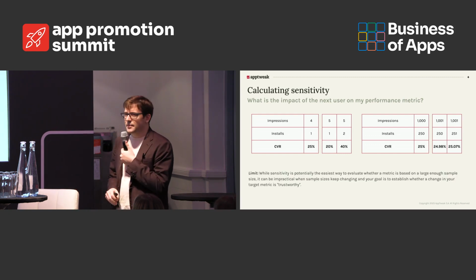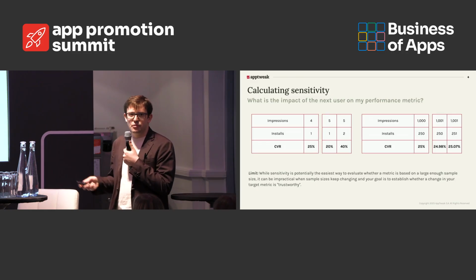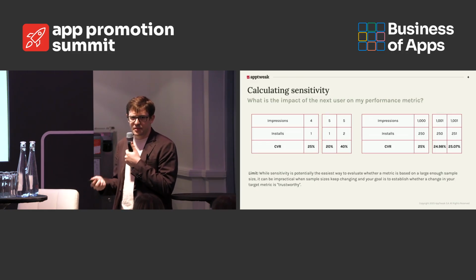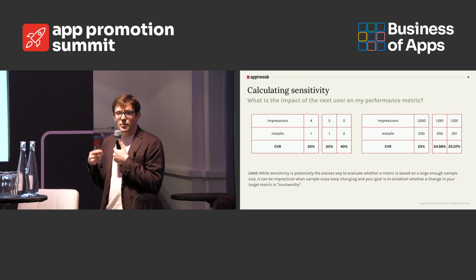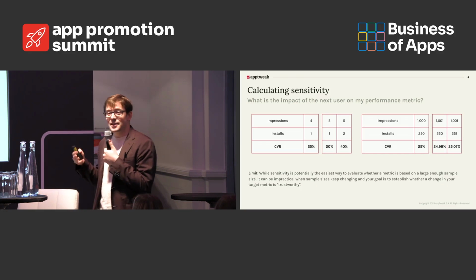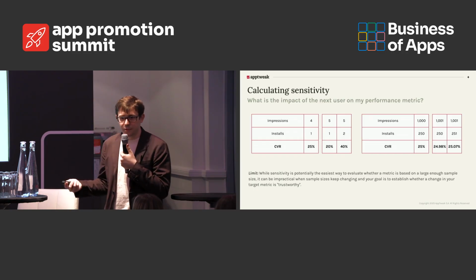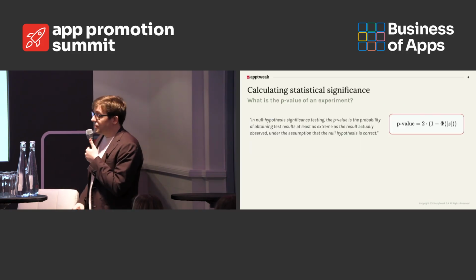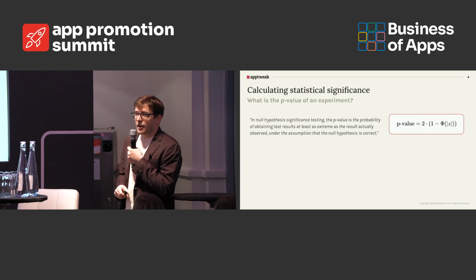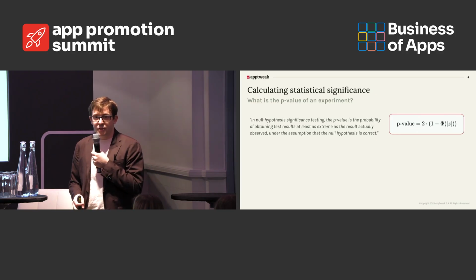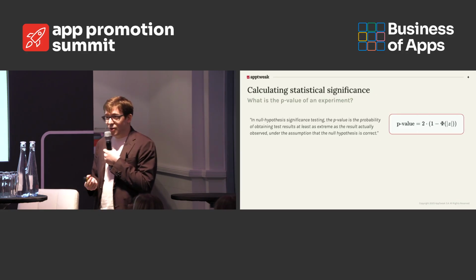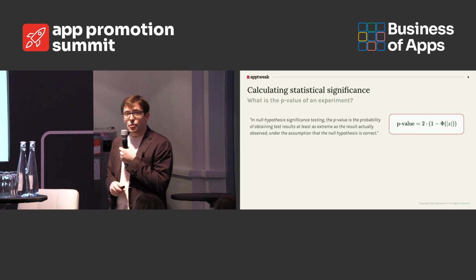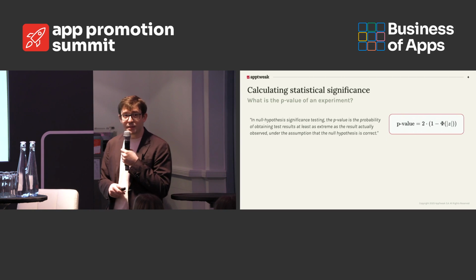So here, sensitivity is great to just quickly say it's trustworthy or it's not. It's not going to help us make much decision except saying, let's ignore this data point. And that's not what we want to do. So this is when usually we start talking about statistical significance. We talk about p-values. Who has heard of p-values before?